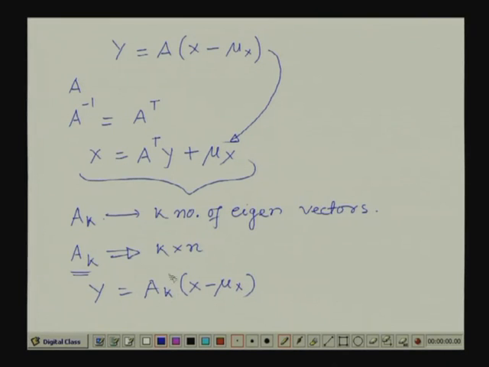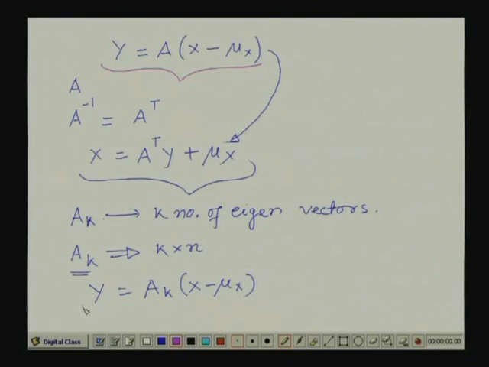Now, because A_k is of dimension k by n and x is of dimension n by 1, naturally this transformation will generate vectors y which are of dimension k. In our original formulation, the transformed vector y was of dimension n.